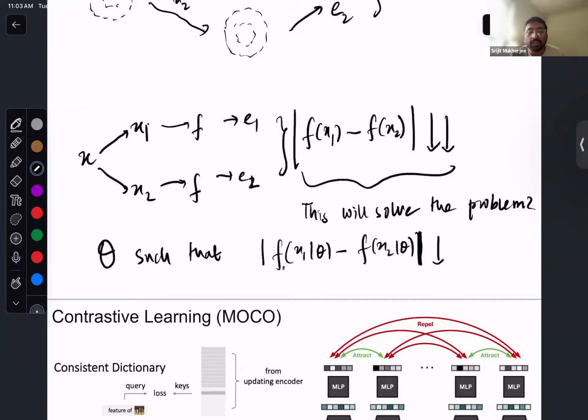Now, can someone tell me what is the best solution to this? This is minimized. What's the global minima? And when is the global minima achieved?